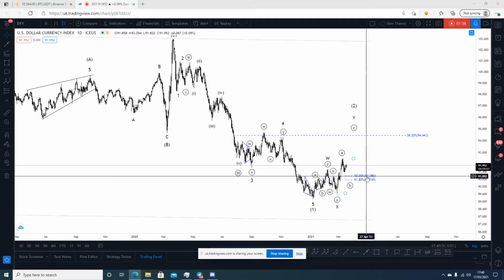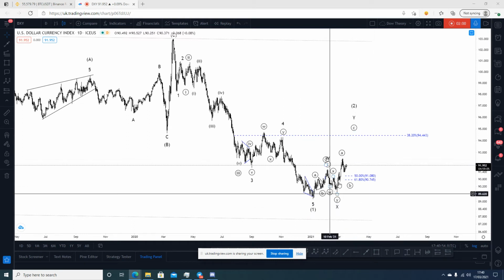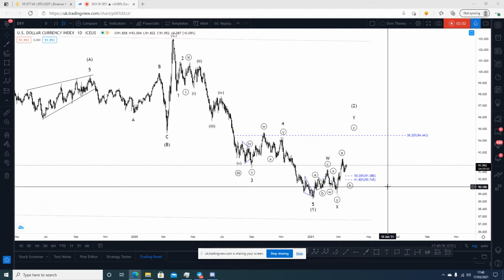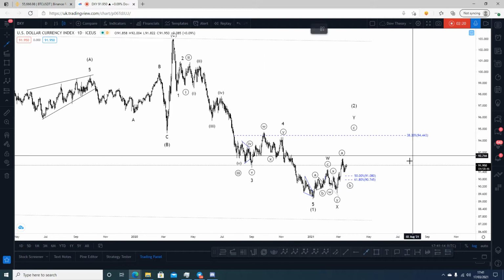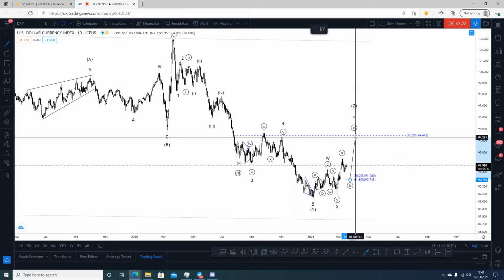And what seems to me is that we're seeing a double zigzag form here. And every time I look at it, guys, it becomes a lot clearer. So instead of perceiving this as maybe a leading diagonal, or maybe an impulse wave, we can also perceive this as a double zigzag, right?